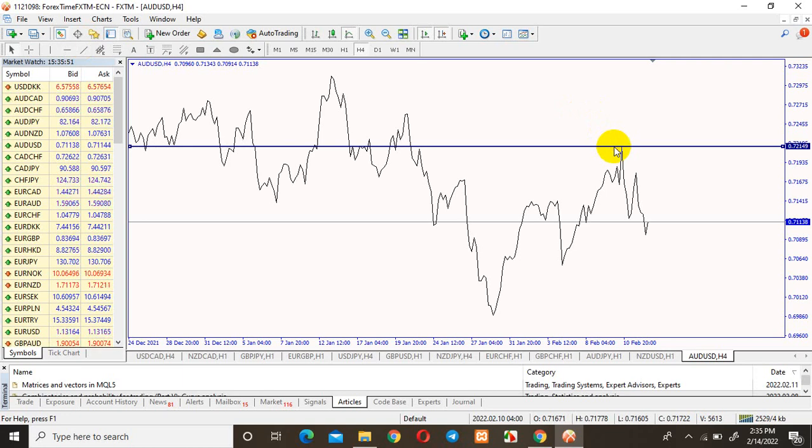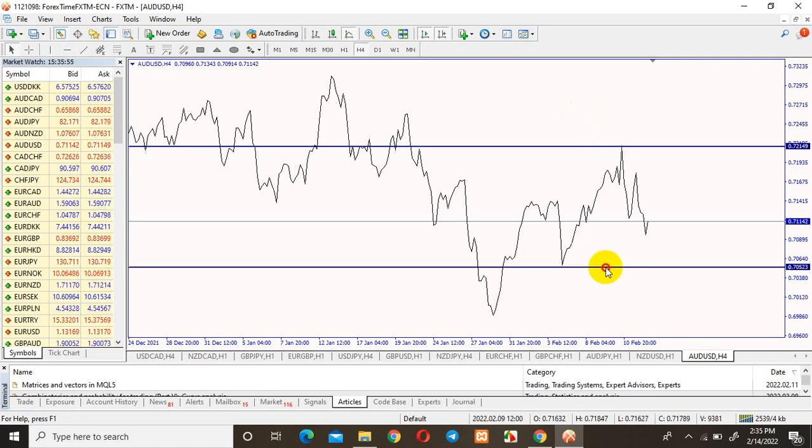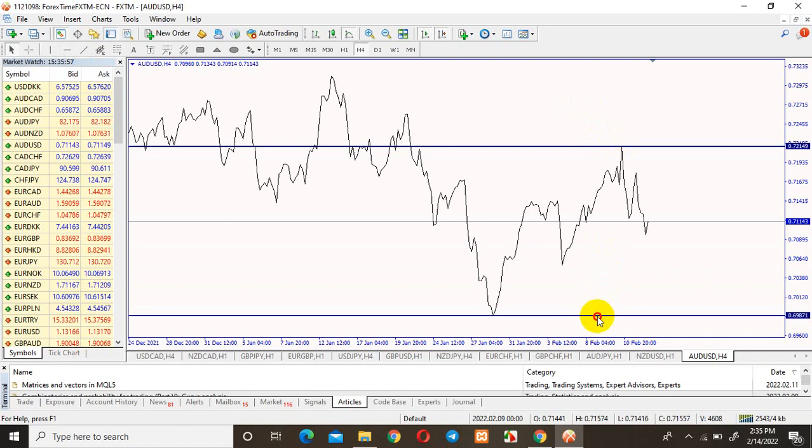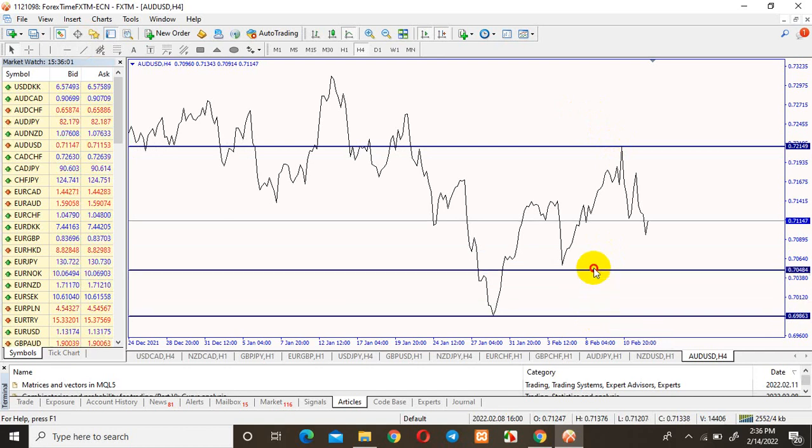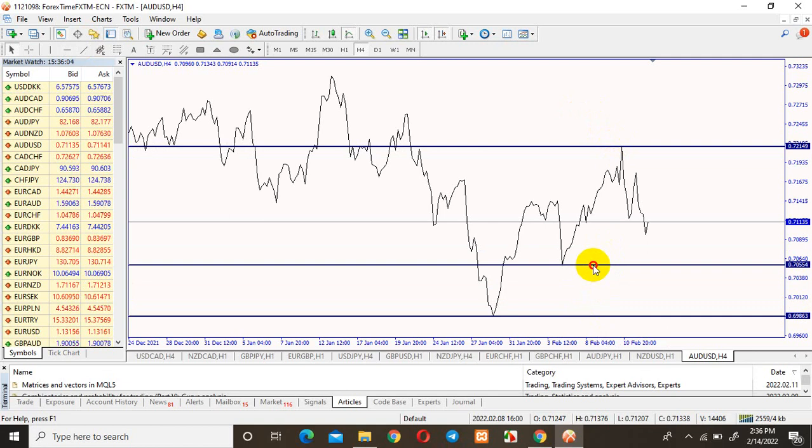I have this price move giving me a resistance here. If I go further, I see that price is giving me a support zone here. Then moving closer again, I have this zone. Then if I look at this, we have a support zone here. Price came here, tested it as resistance.